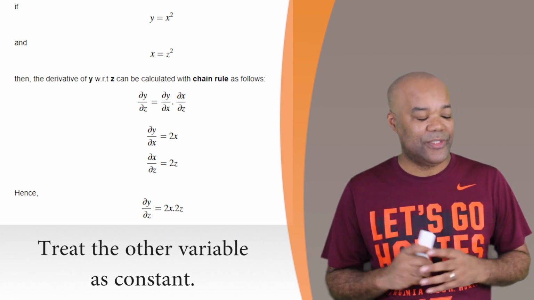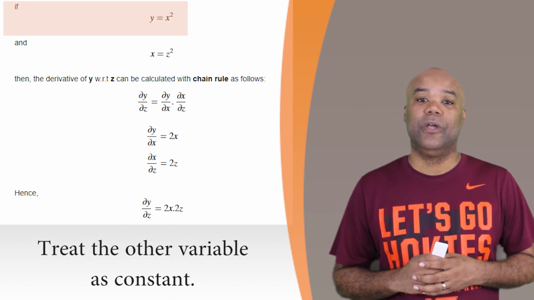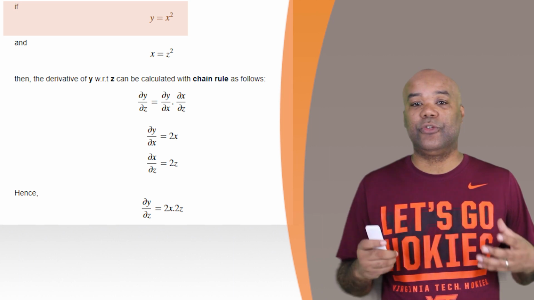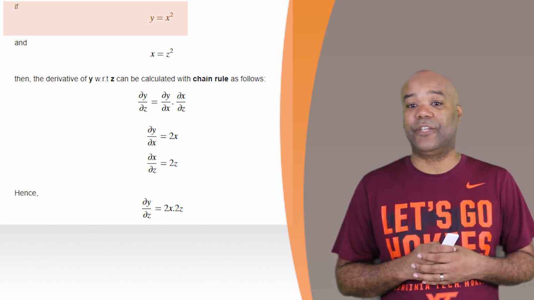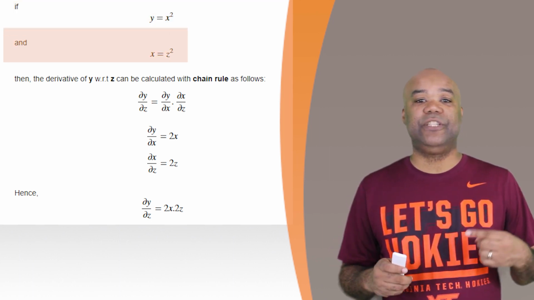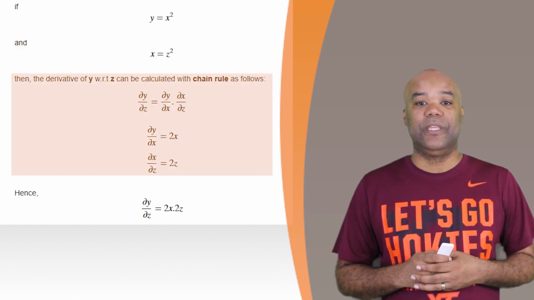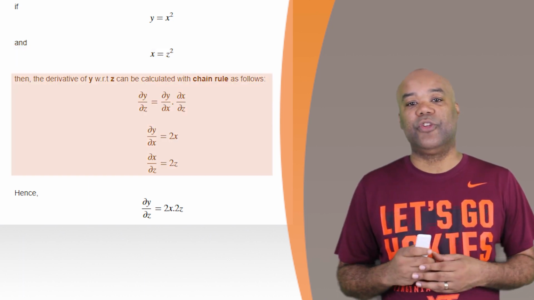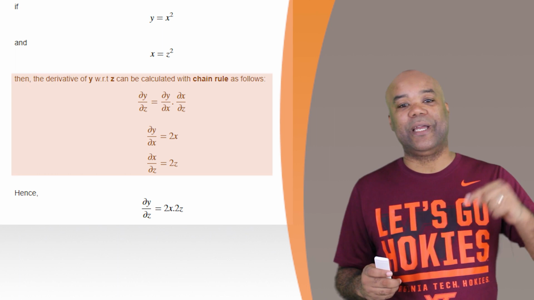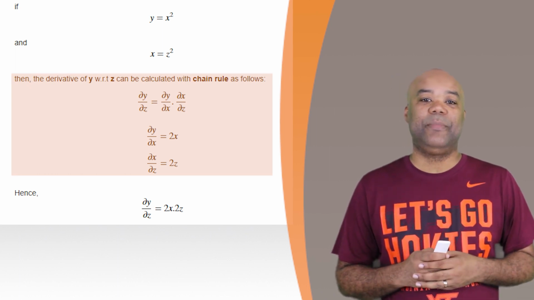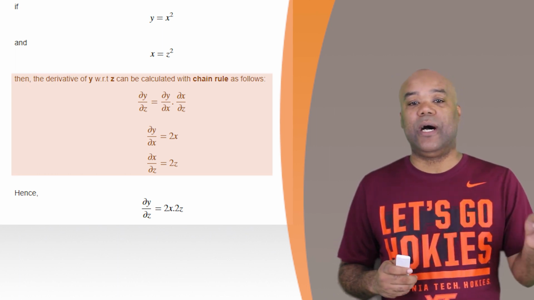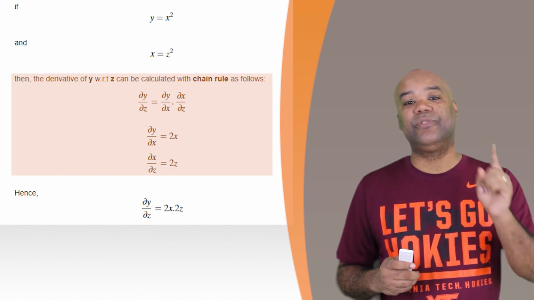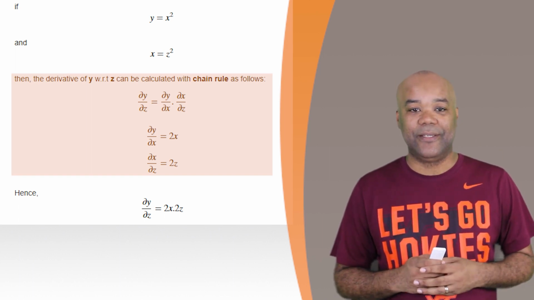So, consider our cost function. We said that it has the general shape of y equals x squared, and we know that x equals z squared. Then by using the chain rule, the derivative of y with respect to z can be calculated as dy over dx times dx over dz.